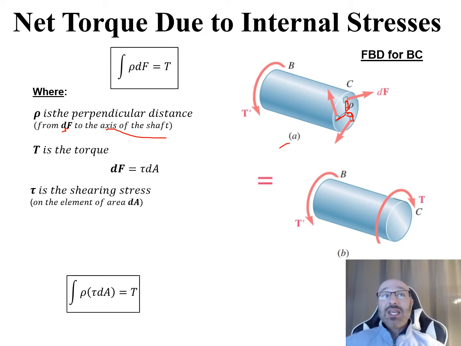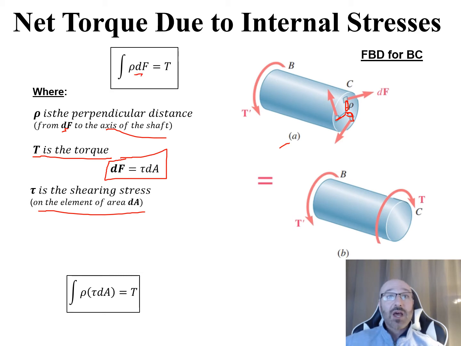So now T, what is that? T is our torque. So recall we have this relationship: dF is equal to tau dA, where tau is the shearing stress on the elements of area dA. So dA is the area, tau is the shearing stress, and that relates to our dF.